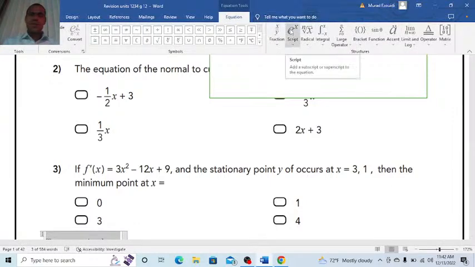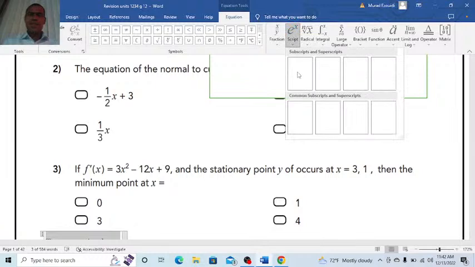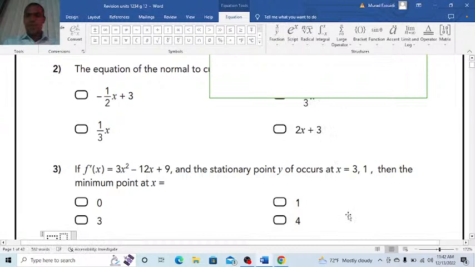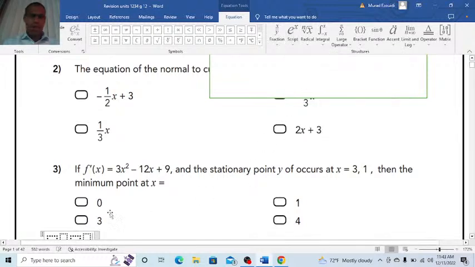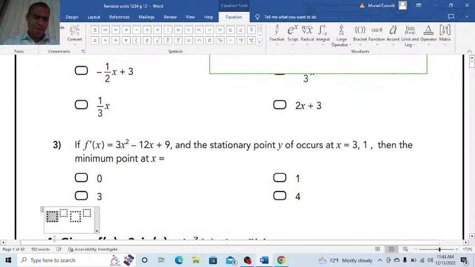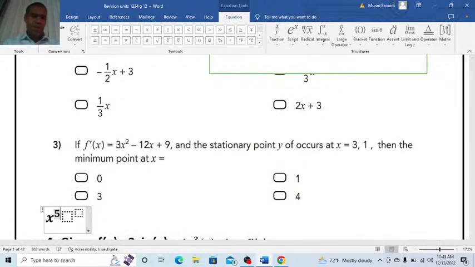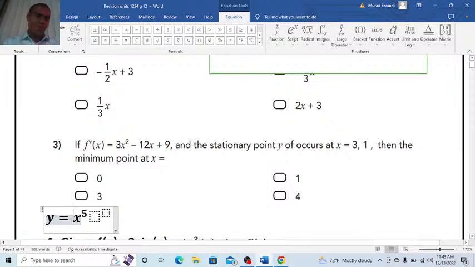So I will just write this one: y equals x to the power 5. Is it where I put it here? Okay, this one. So here I will make x to the power 5, and y is equal to this one. I will copy this one, sorry.